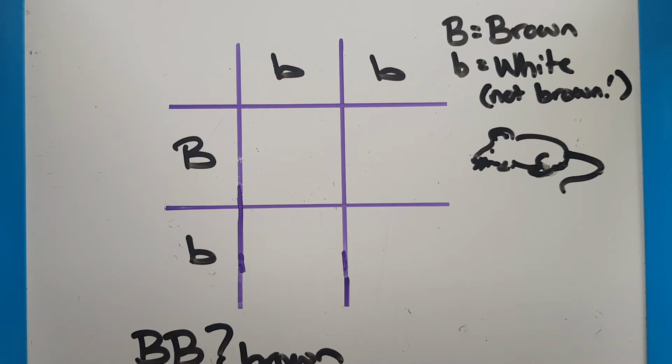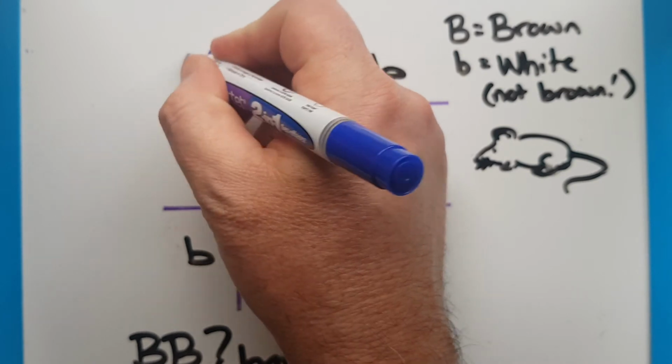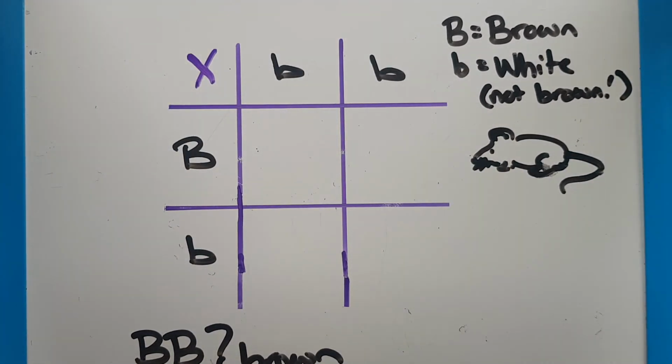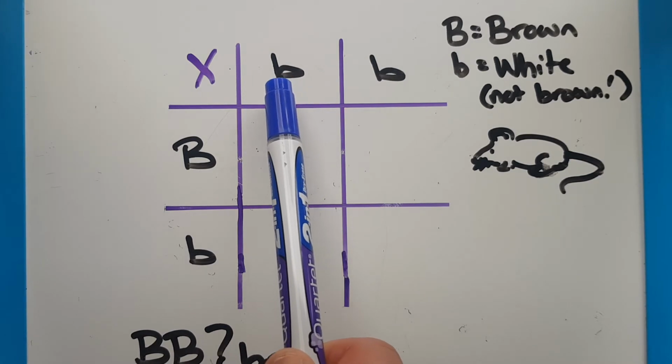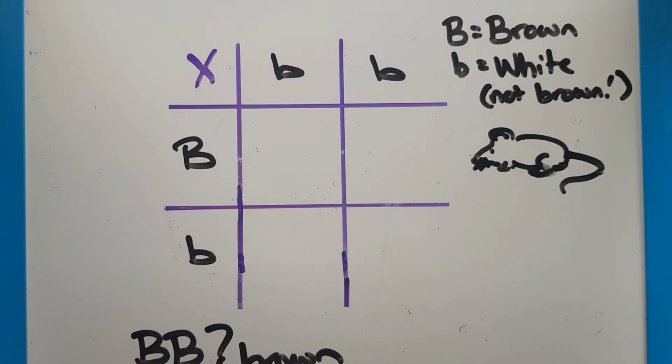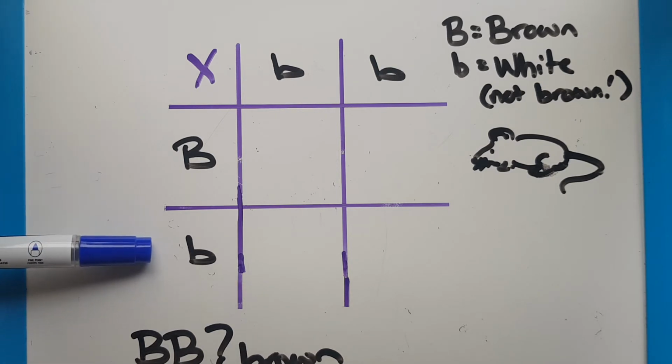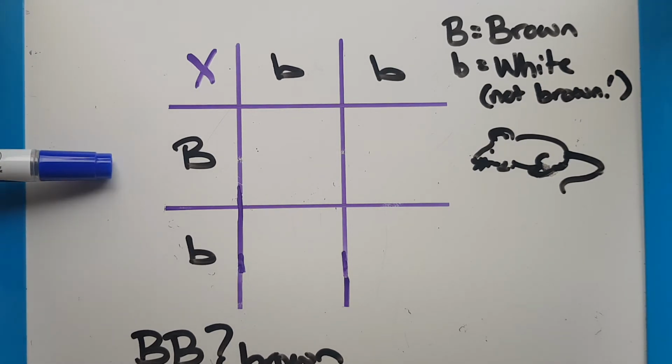So what I've got here is a pretend situation where I have crossed a white mouse, which means it must have had two little b alleles, with a brown mouse that I know has had offspring that are white in the past. So therefore it must be what we call carrying the recessive allele. We call this heterozygous.